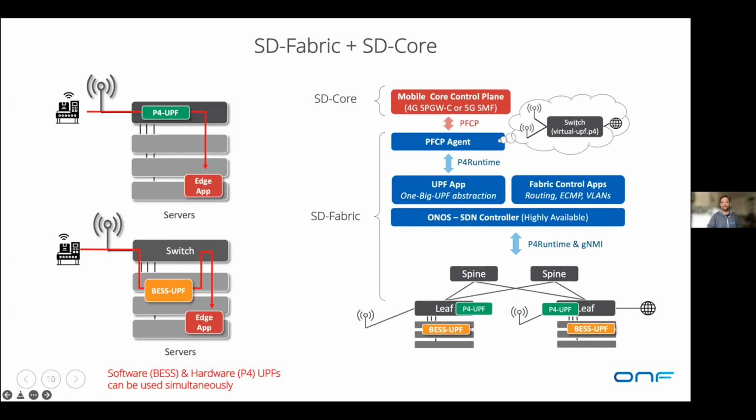This one big UPF idea then goes to SD Fabric, and SD Fabric is the one that is aware whether there is a single switch, a pair of switches, or an entire fabric. It takes the simple single UPF abstraction and ensures that the rules are correctly populated according to the topology where this is deployed.